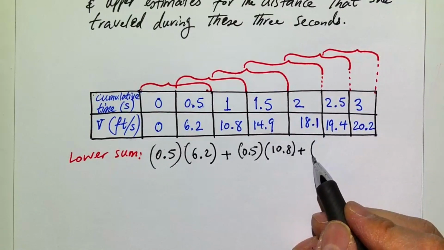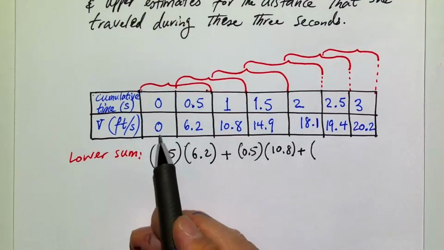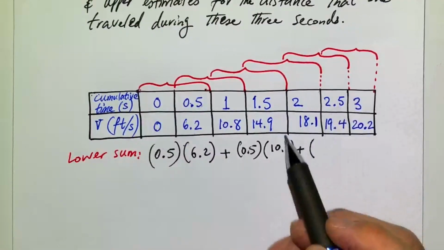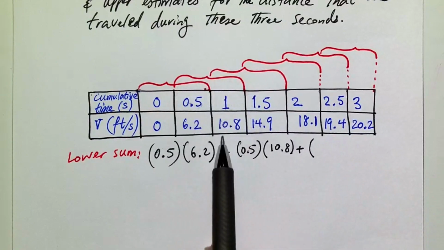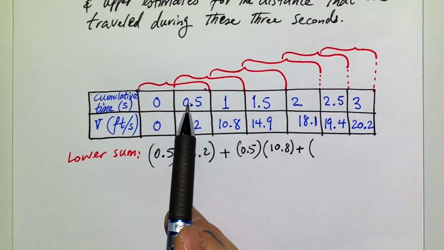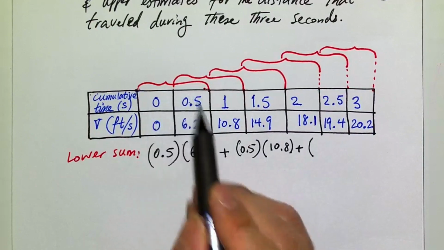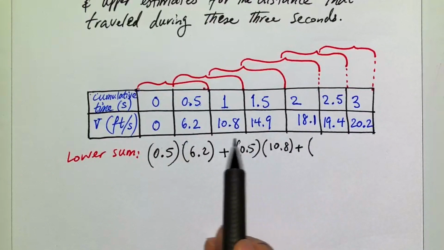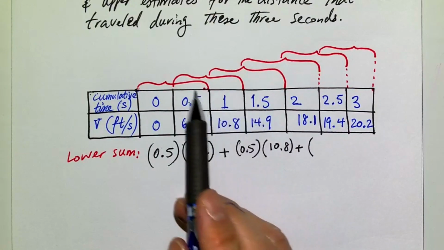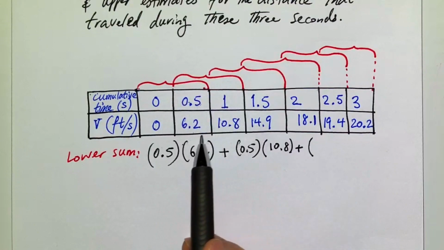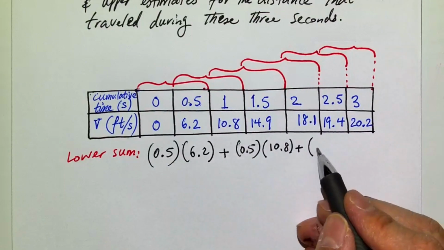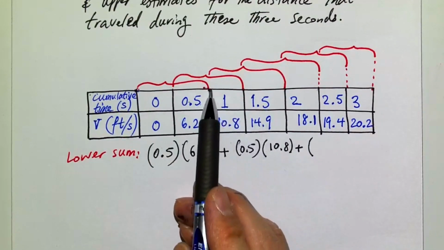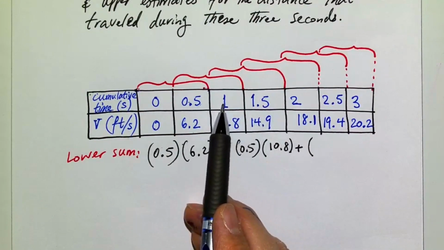Because this one doesn't count, 6.2 is for that interval, and 10.8 is for this interval from 0.5 to 1, and then 14.9 for this interval from here to here.